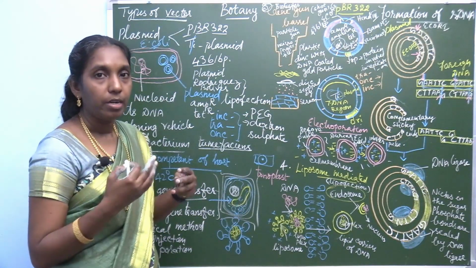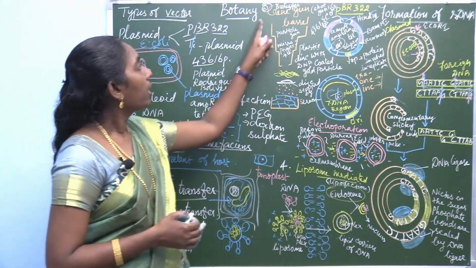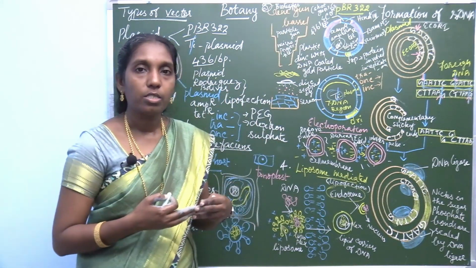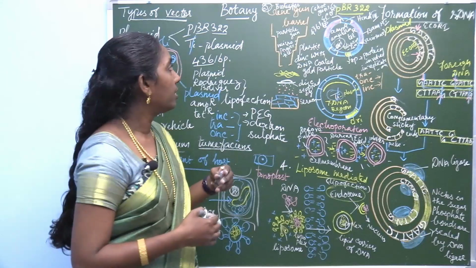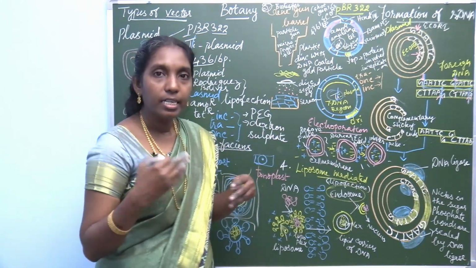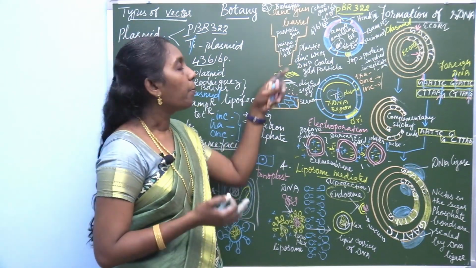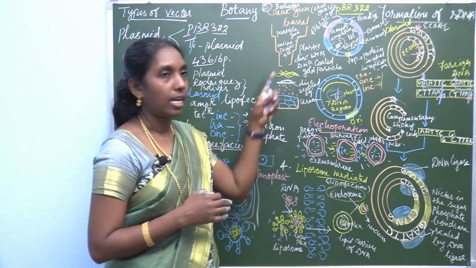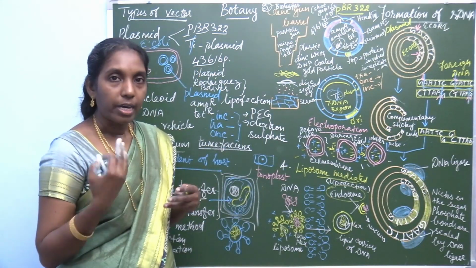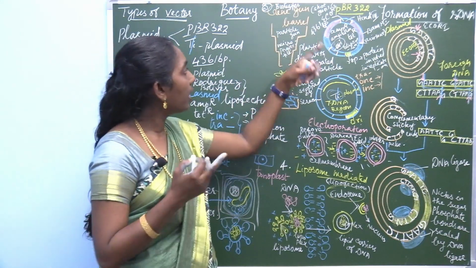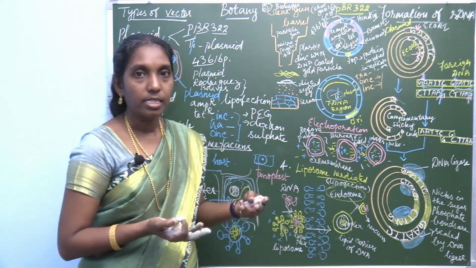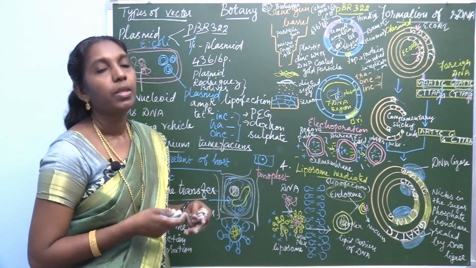Biolistics is also called the gene gun method, particle gun method, or microprojectile method. So many names are given for this.